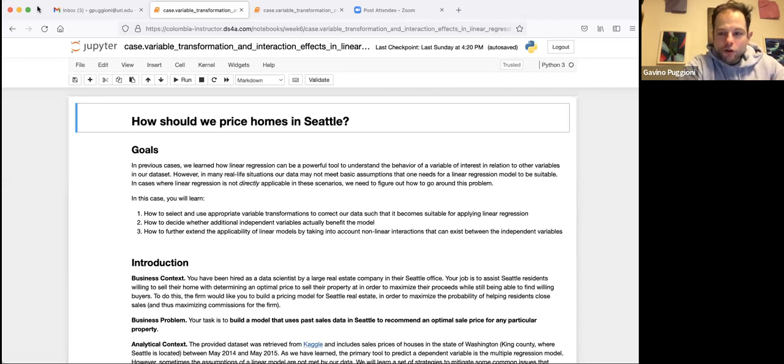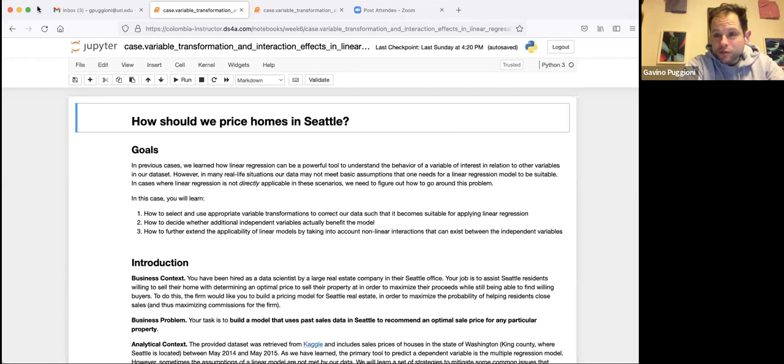And furthermore, how can we study and introduce interactions that can exist between independent variables, between the predictors of your model? An interaction, we'll see, is the variable where there is a synergic effect of two of the predictors, or three or more. There are higher orders.